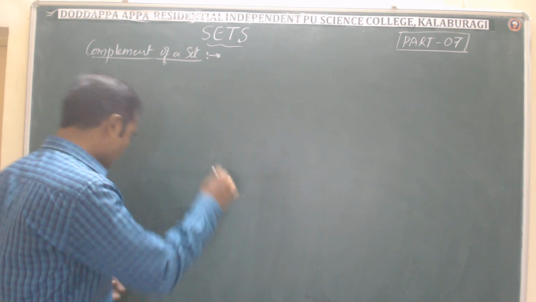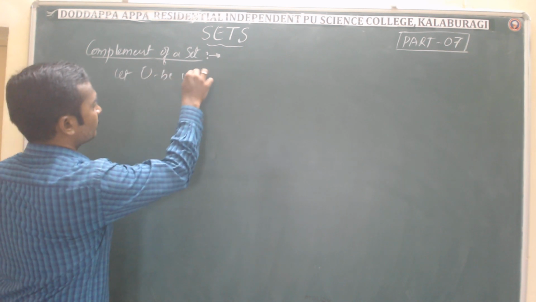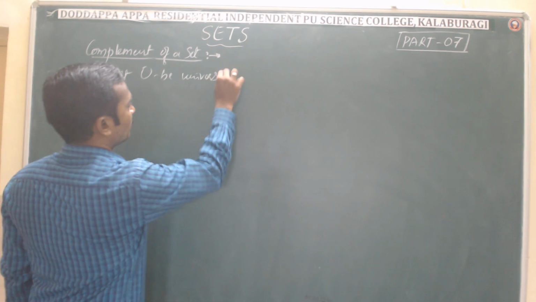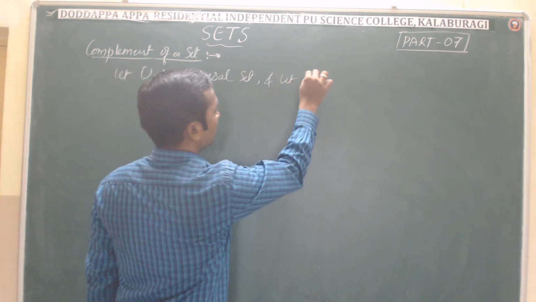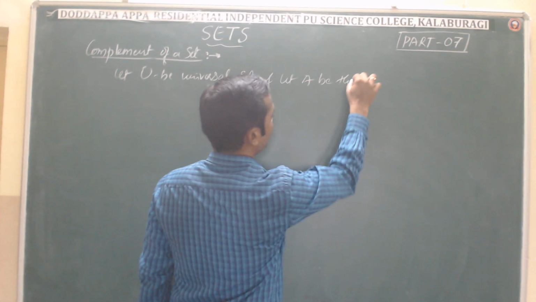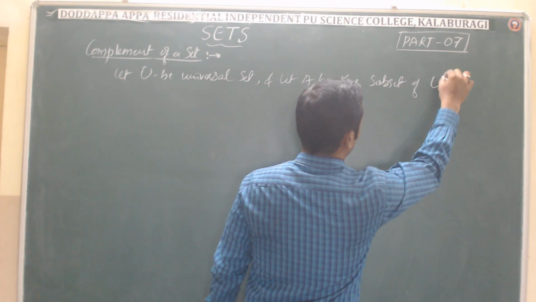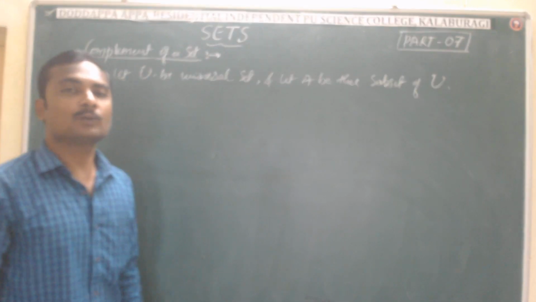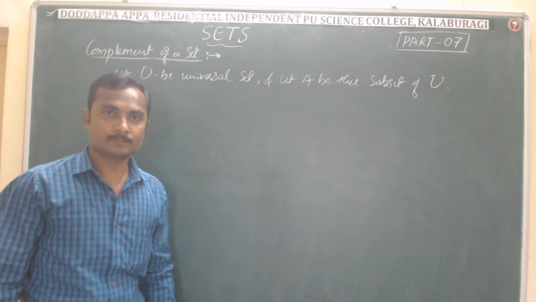Consider that U is the universal set and A is a subset of the set U.